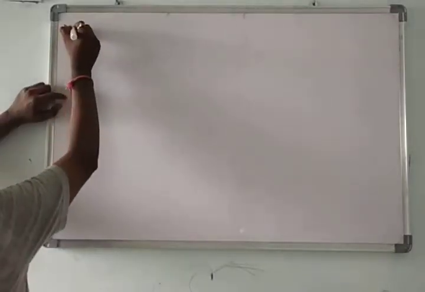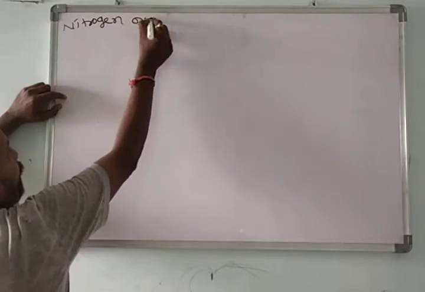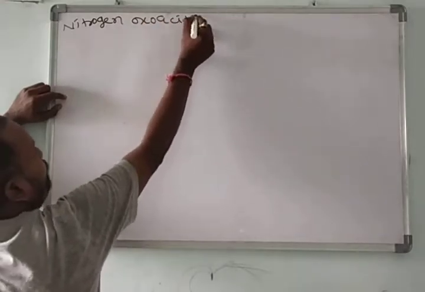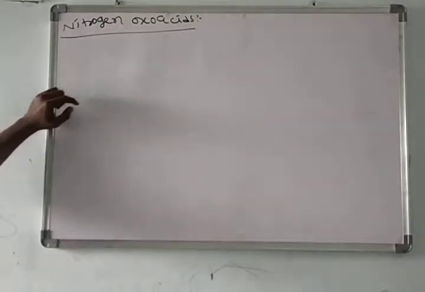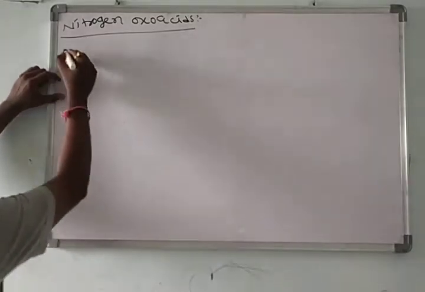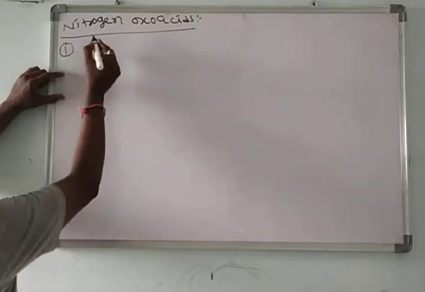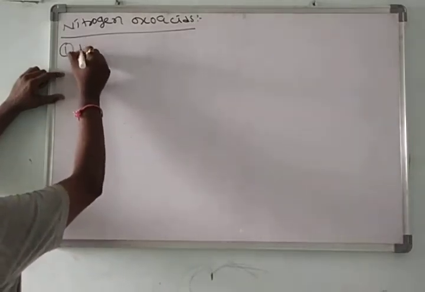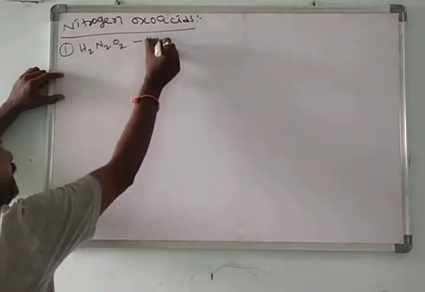Okay, here I am taking nitrogen oxoacids. In some books it may be mentioned as oxyacids. Nitrogen forms 4 types of oxyacids. In those, the first one is H2N2O2, hyponitrous acid.